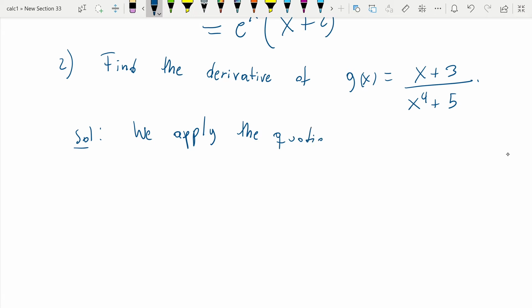We apply the quotient rule. So now we have two functions. If we want to take the derivative of (x + 3) divided by (x^4 + 5), we immediately see that there's a function at the top and a function at the bottom, and they're both polynomials.